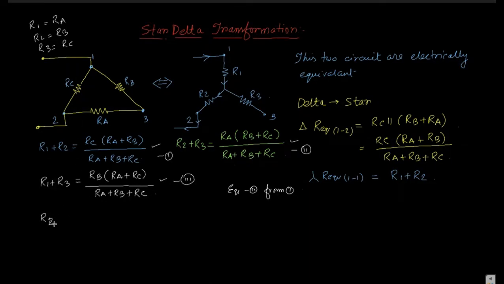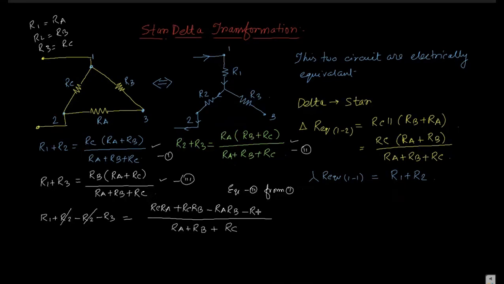So R1 plus R2 minus R2 minus R3 is nothing but, if you subtract it, R2 and R2 cancel out, so this becomes RCRA plus RCRB minus RARB minus RARC.